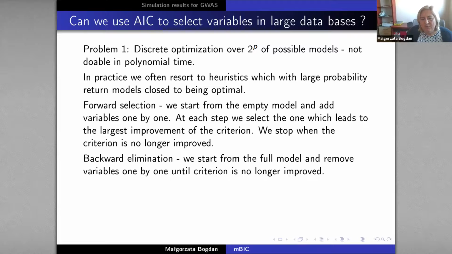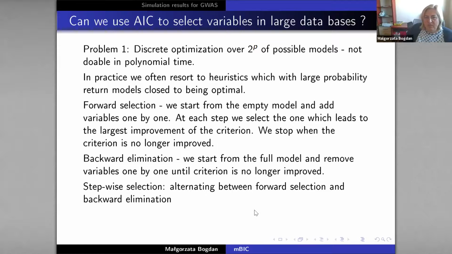Backward elimination is better in a way that we kind of assume that the full model is correct, so that all the important variables are in our model, plus maybe some which are not important, and their coefficients are then 0. So in principle, statistically, it is more accurate, but you cannot do it when your p is larger than n.